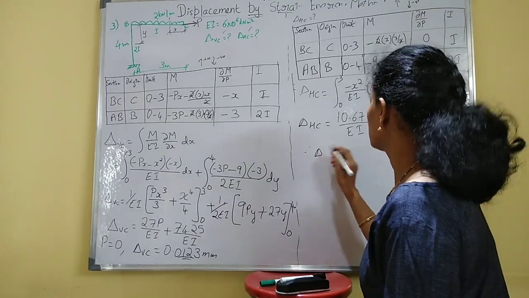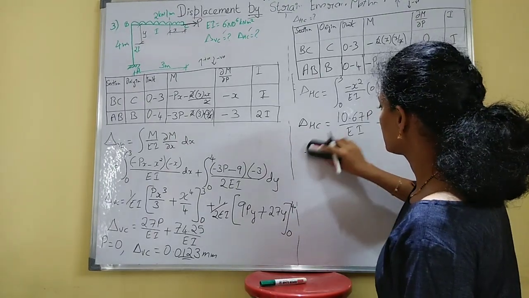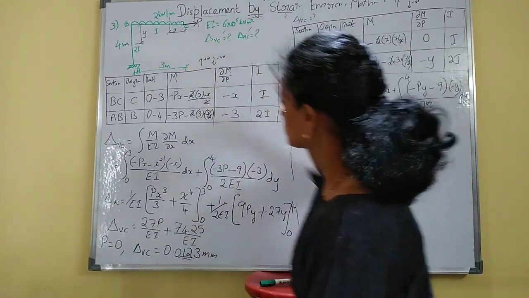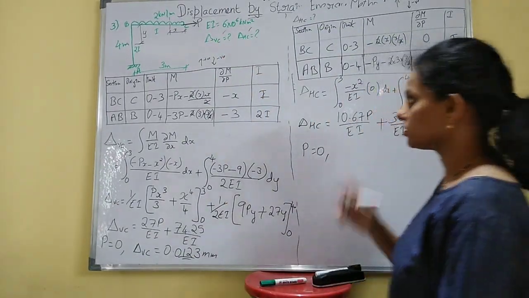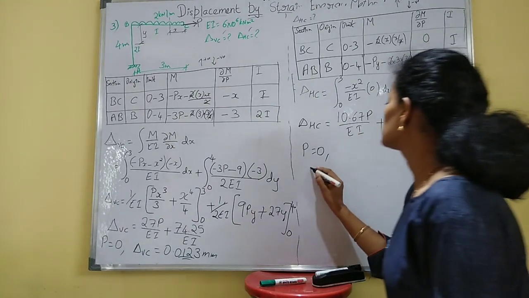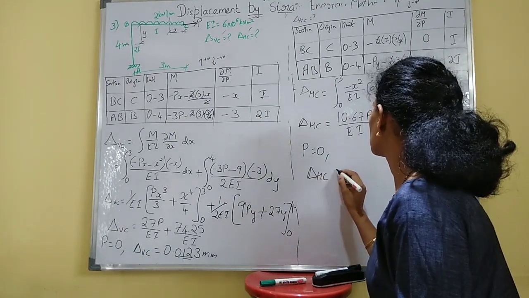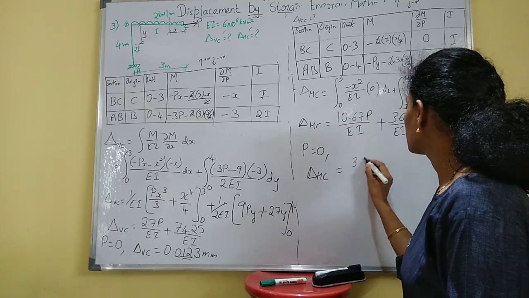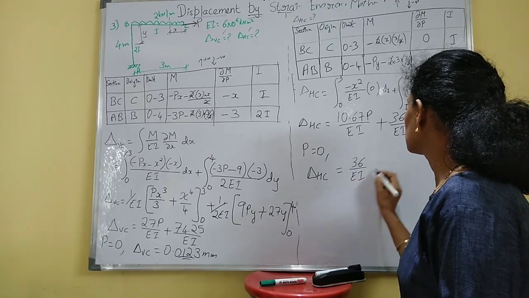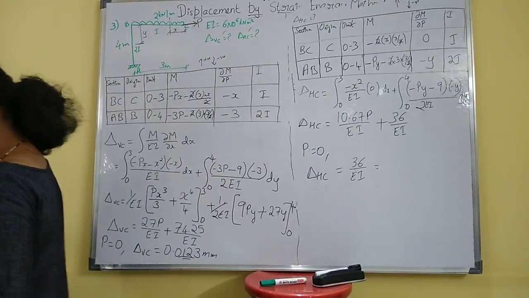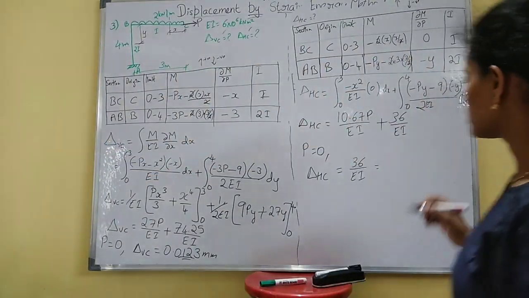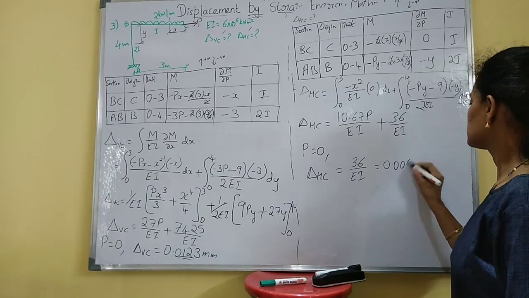Here again, there is no actual P value in the problem, so P is equal to 0, that is nothing but the dummy load. So substitute P equal to 0, you have 36 by EI. Substitute EI as 6 into 10 power 6, so you have 0.006 mm.